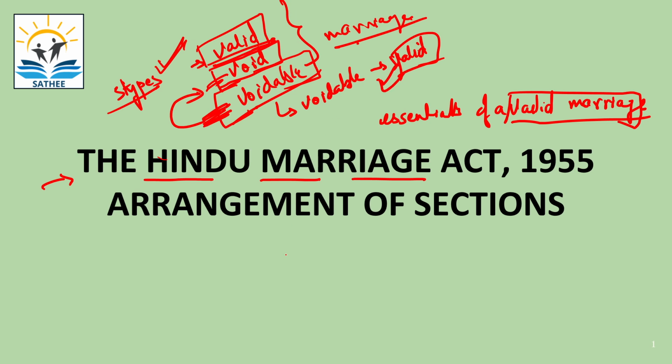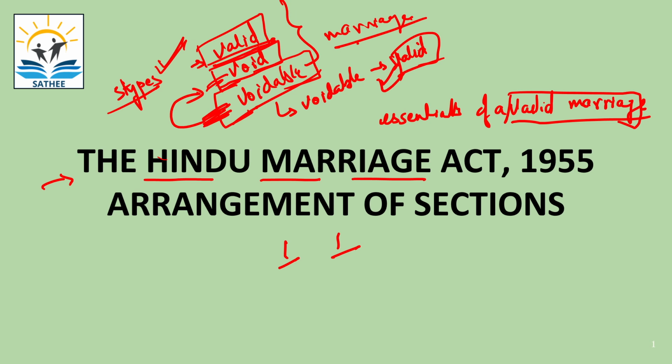But if either of the two parties who have married contests by going to the court or sending an application to the court that this marriage is not a valid marriage according to me, and I've been forced to continue with this marriage, I want to seek relief from the honorable court, then the court will see what essentials have to be followed according to the Hindu Marriage Act, and whether those essentials have been followed or not.